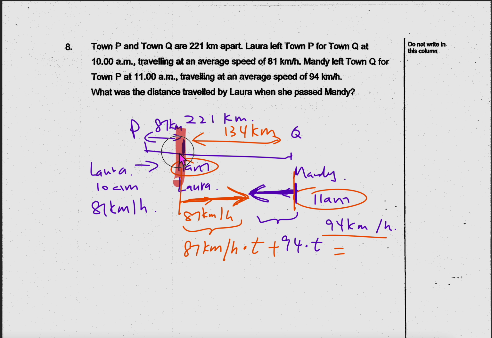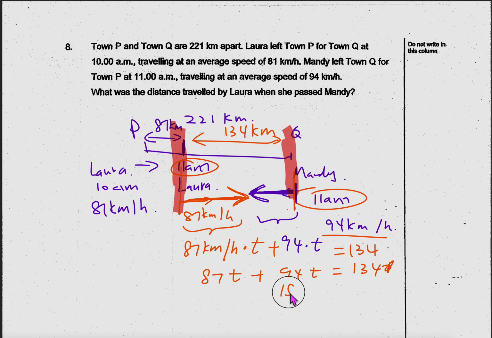Can you see this? That's why I purposely asked you to watch out for the 11 a.m. So this will actually add up to 134, right? Done. You can find the time. So 87t plus 94t is equal to 134. Can you help me out with the left hand side quickly? 87 plus 94 is 181. 181t is equal to 134.